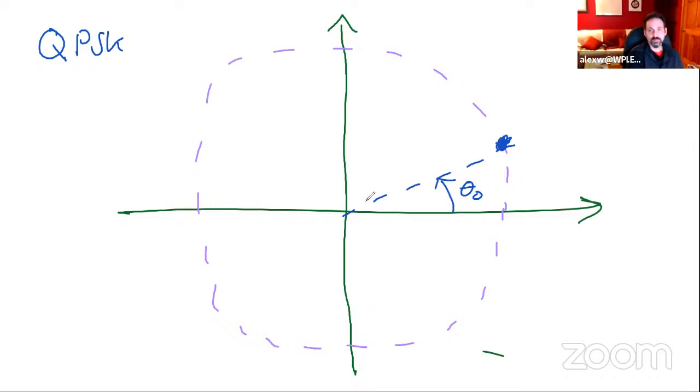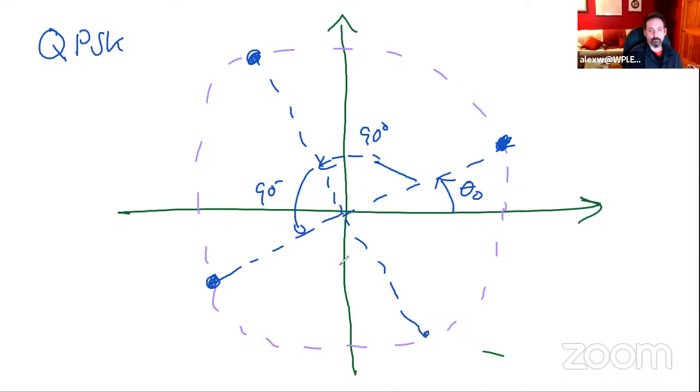And then let's say 90 degrees, it's this fella. Then another 90 degrees is this fella. Then another 90 degrees is this fella. And then if you do another 90 degrees, you're back to the other fella.